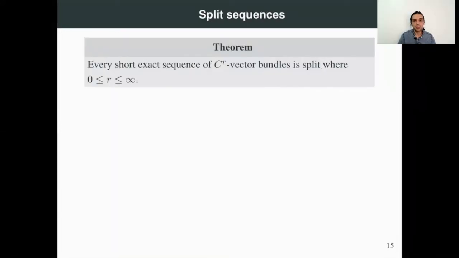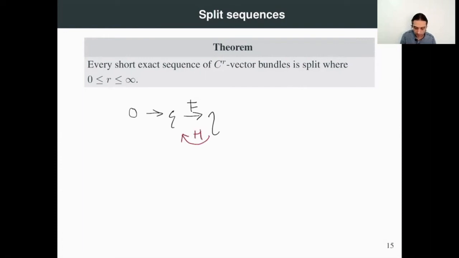Indeed, we can see that the situation that was described for the previous example is completely general. If we have a short exact sequence of C^r vector bundles, and r is between 0 and infinity, such an exact sequence is always split. And how can we prove this? We're not going to give the details, but if we have here a monomorphism of vector bundles covering the identity, what we need is finding a left inverse, okay?